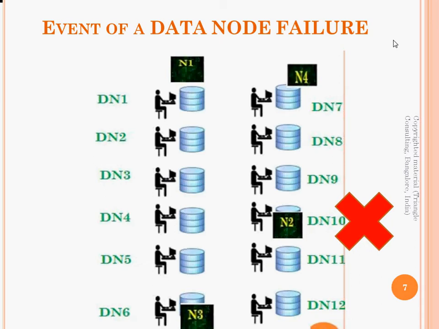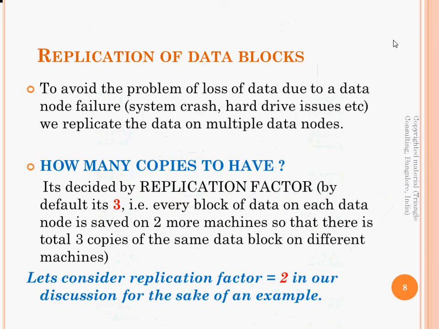Now what if one of the data nodes containing a file block fails? The original file data is then no longer valid. So we need to ensure that we have multiple copies of these blocks, which is called replicating the data. There is something called the replication factor, a configurable number which decides how many copies of the input blocks I need to maintain across the cluster.